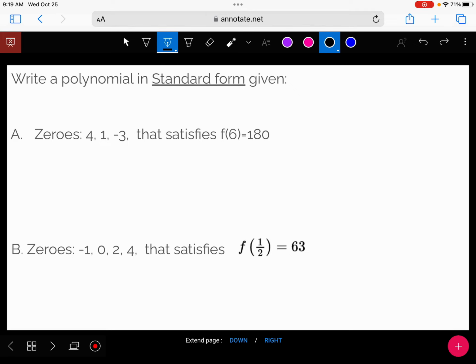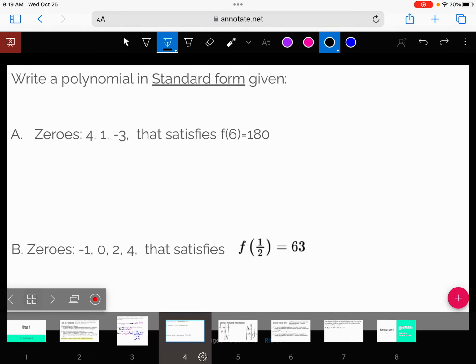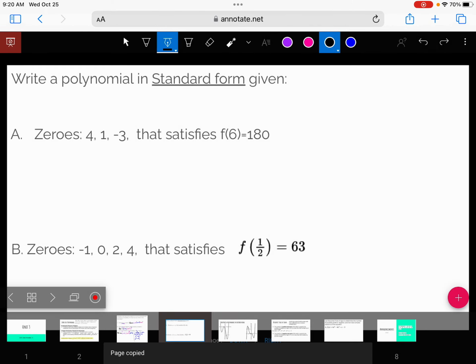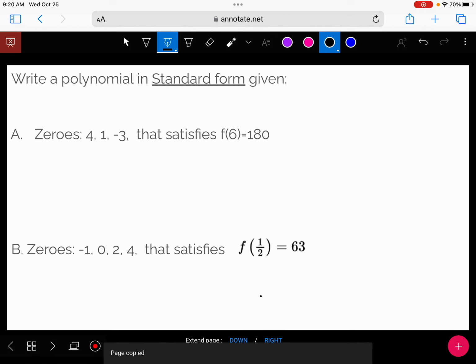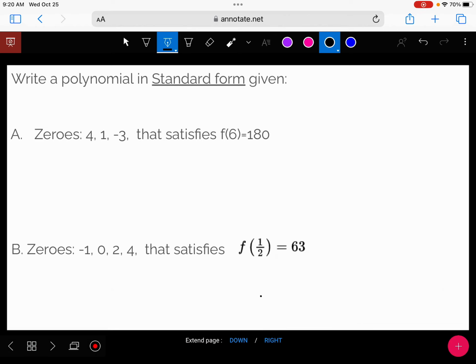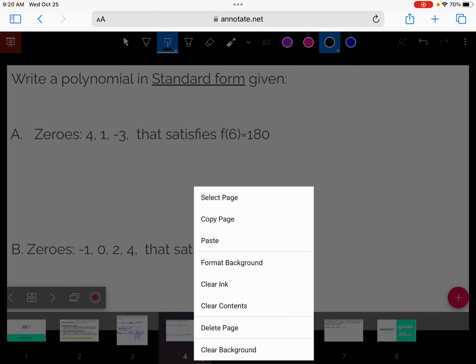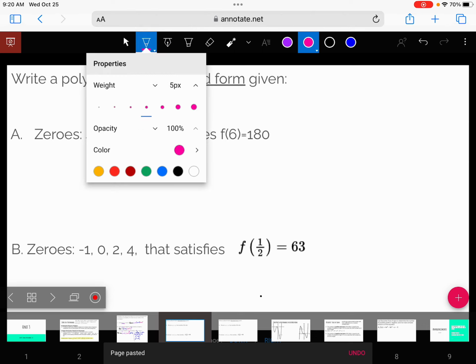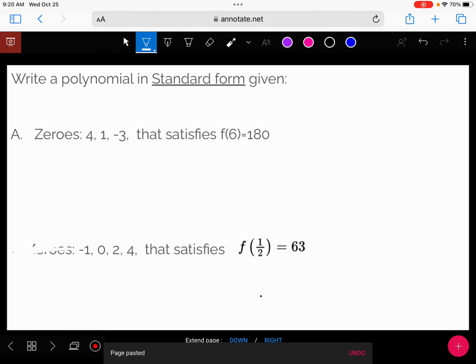So we are going to be writing a polynomial in standard form for this one. And that means I am actually going to cover up the bottom one just so that we can use all that space.